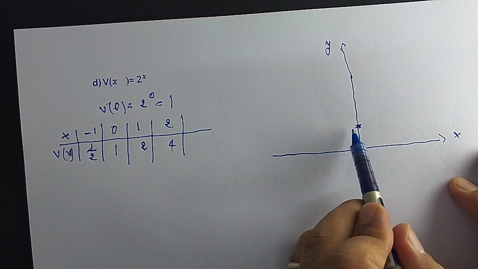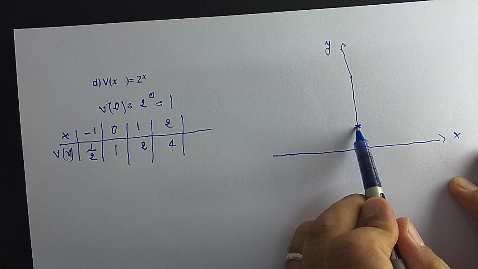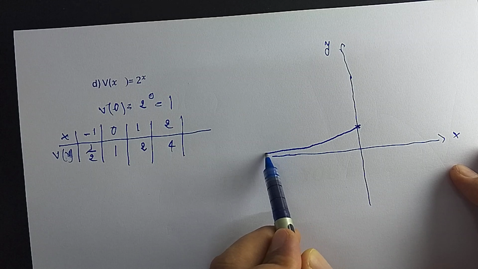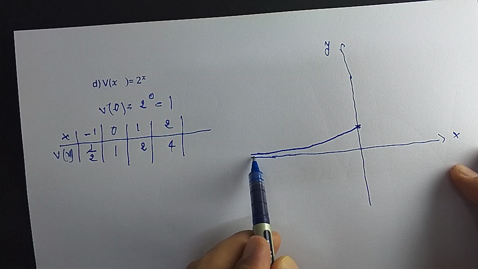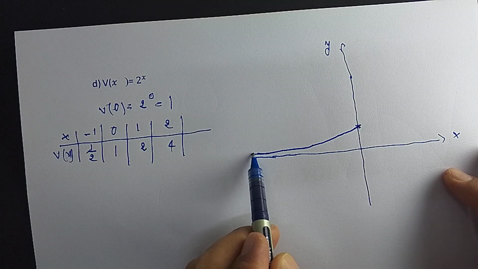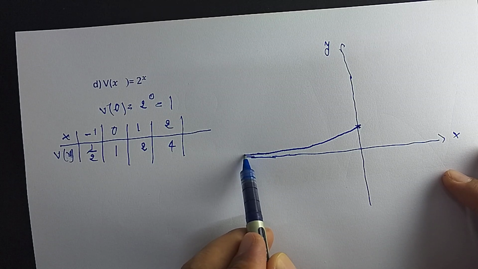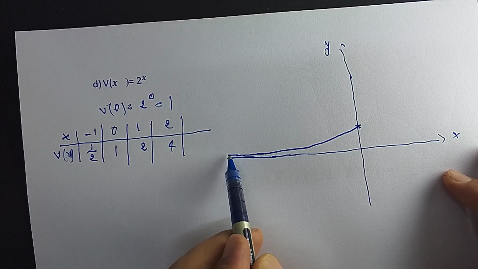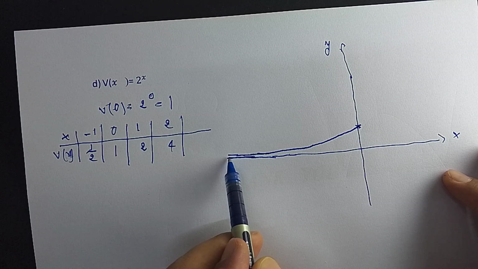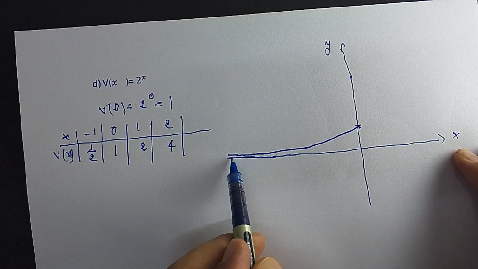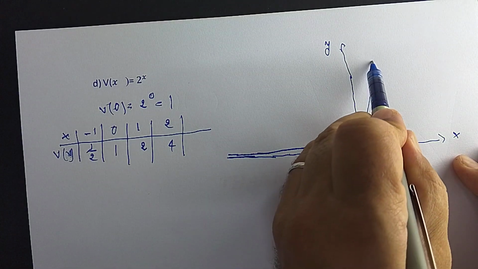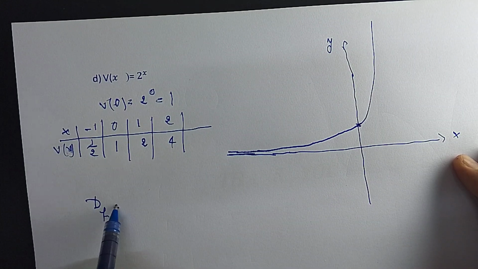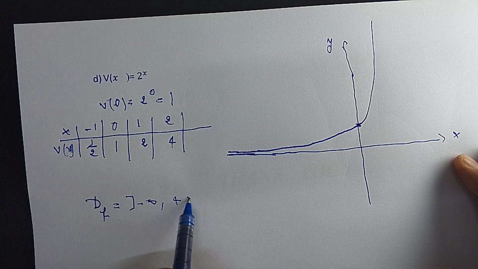When x goes to minus infinity, the graph of v does not meet or touch the x-axis, but goes toward plus infinity on the other side. So the domain of v equals minus infinity to plus infinity.